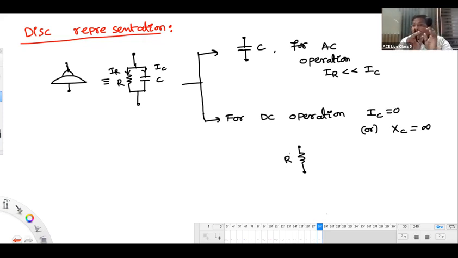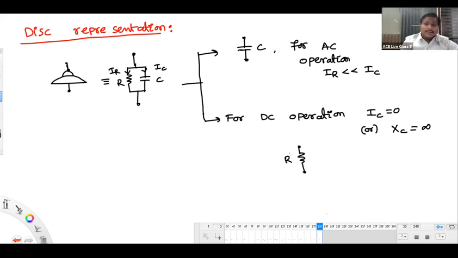Now with the help of this, we'll take up a string, maybe a suspension string. For AC operation, I will draw the equivalent circuit and check how the potential distribution occurs. Similarly, we'll do it for DC operation also.